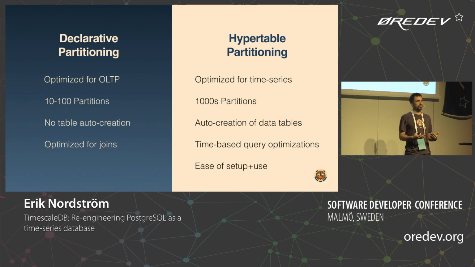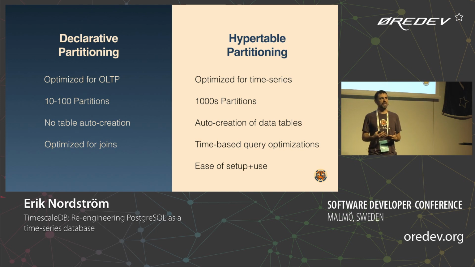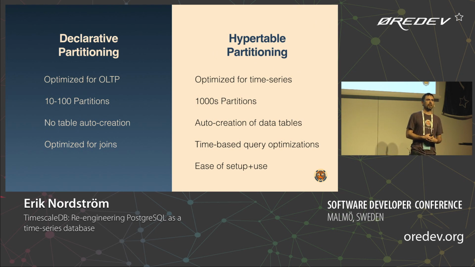And on top of this, we've added a bunch of query optimizations to make use of this partitioning, because we have a very opinionated way of doing partitioning that allows us to make assumptions about how the data is stored, and therefore we can also do a bunch of optimizations around this. And I will talk more about this later.